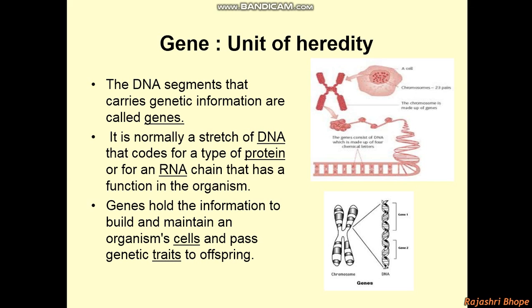The chromosomes from the male and the female parent exchange their genetic material, most probably the genes, and they form a zygote which has a few new characters and a few characters which are similar to their parents. So these genes are the unit of heredity which are transferred from one generation to the other. Okay?